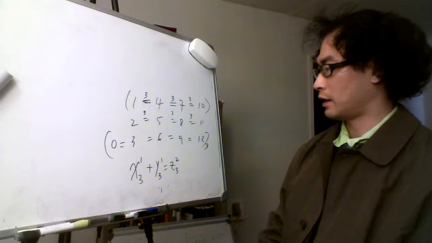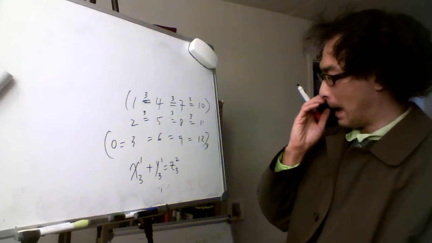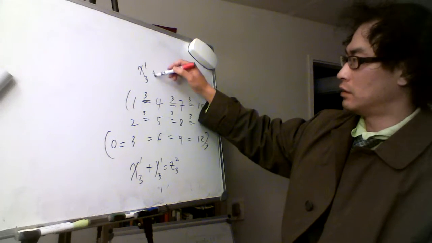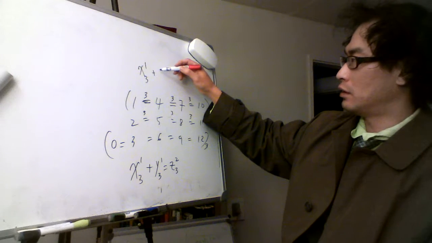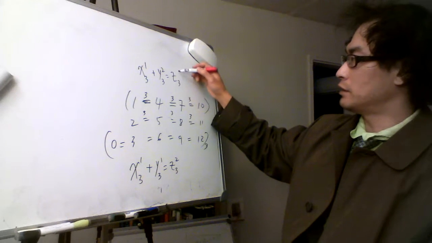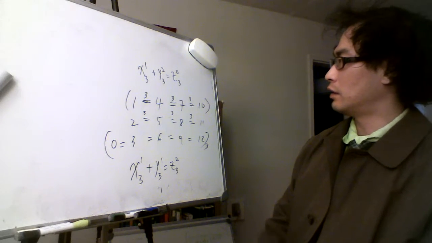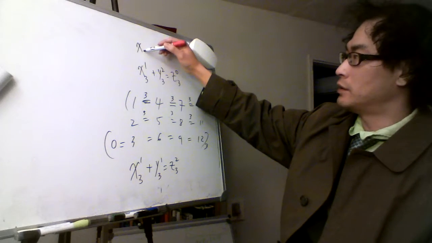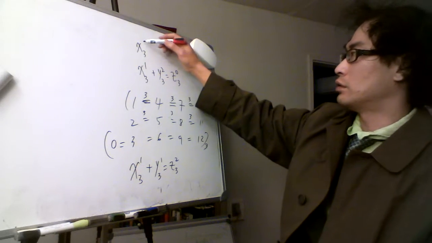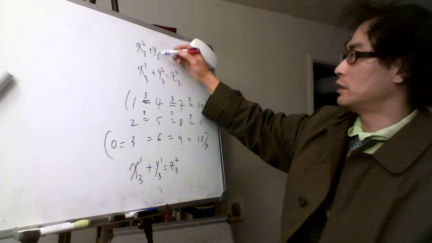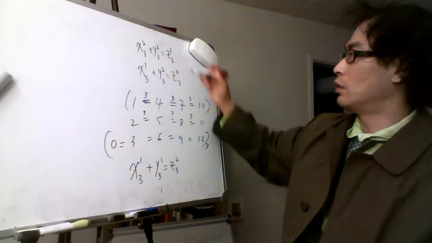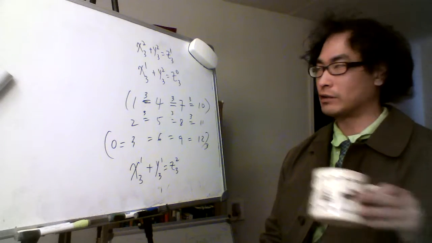And two more: x base 3 remainder 1 plus y base 3 remainder 2 is equal to z base 3 remainder 0. And x base 3 remainder 2 plus y base 3 remainder 2 becomes z base 3 remainder 1. So that's modular mathematics.